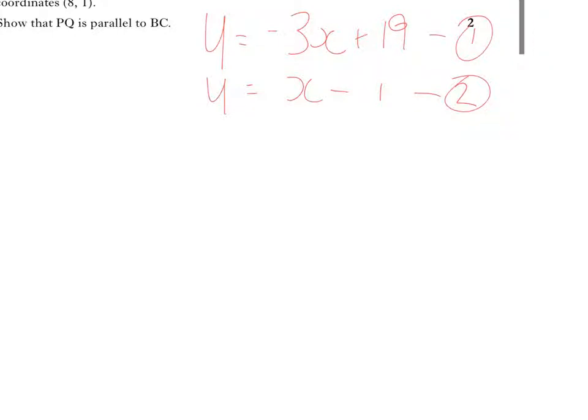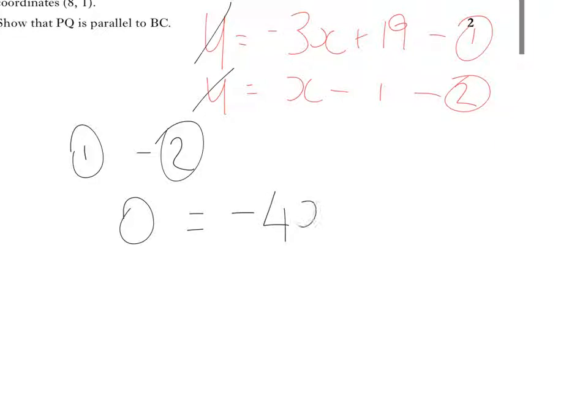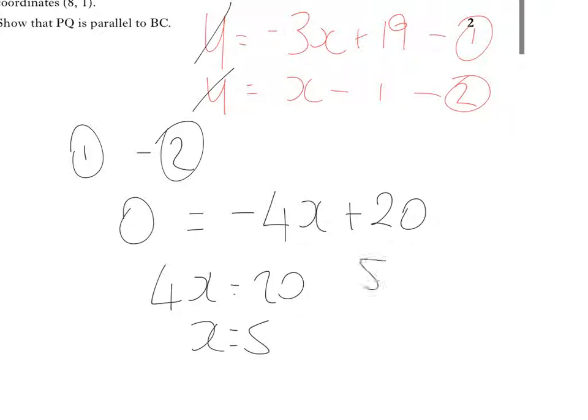So I'm going to get rid of y's by doing 1 take away 2. y take away y is 0. Minus 3x minus x is minus 4x. 19 minus minus 1, and that's 20. So 4x equals 20 and x equals 5.